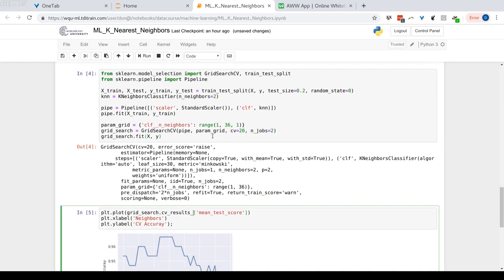When you're tuning your k-nearest neighbors, one of the things you want to ask yourself is, what was that best number of neighbors? And you also have to consider the range you're using. If for some reason we figured out that the best number of neighbors to use in this analysis was 35, then perhaps we didn't construct a good grid when we did the hyperparameter tuning.